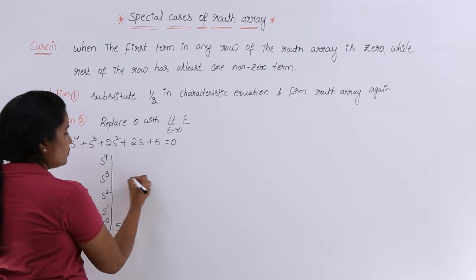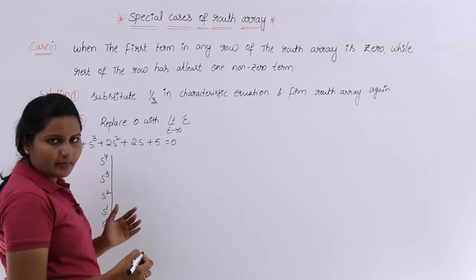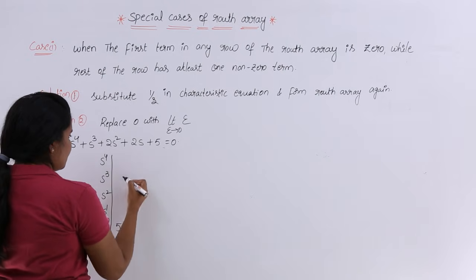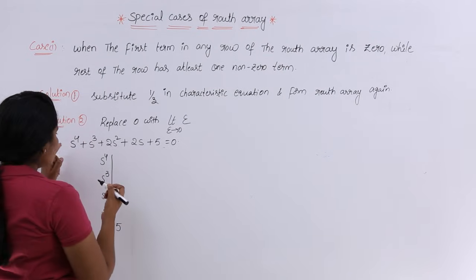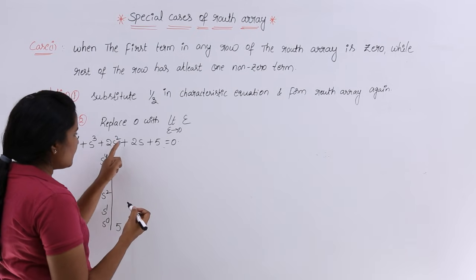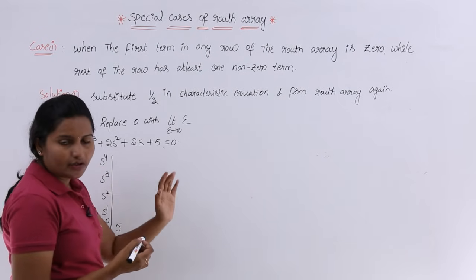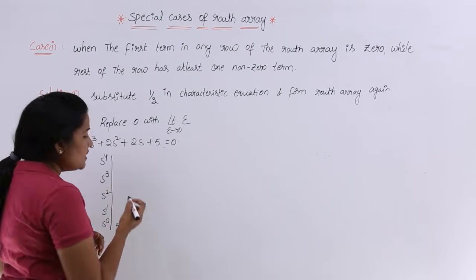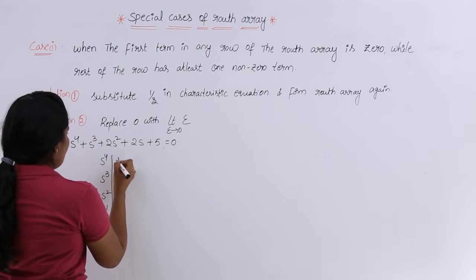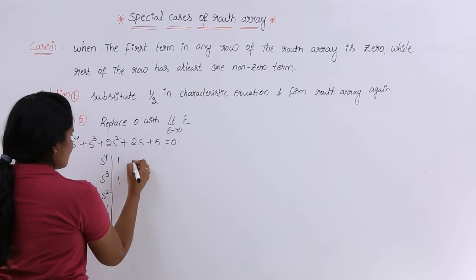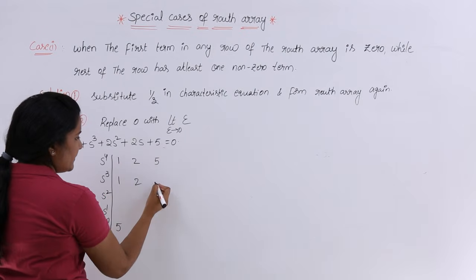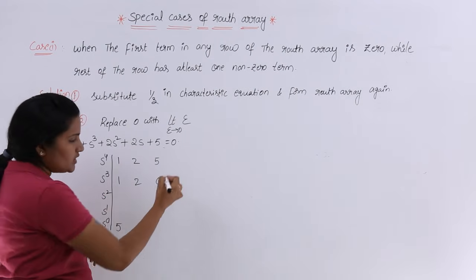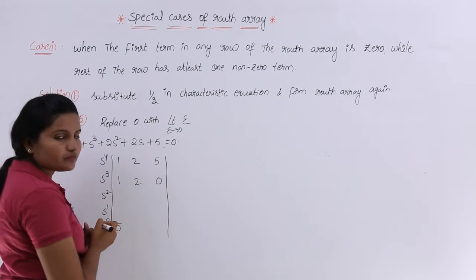The first two rows must be filled from the characteristic equation coefficients a0, a1, a2, a3, a4. Here a0 is 1 and here also 1, 2 and here also 2 and 5. No more elements are there, so just put 0 and close the Routh array.